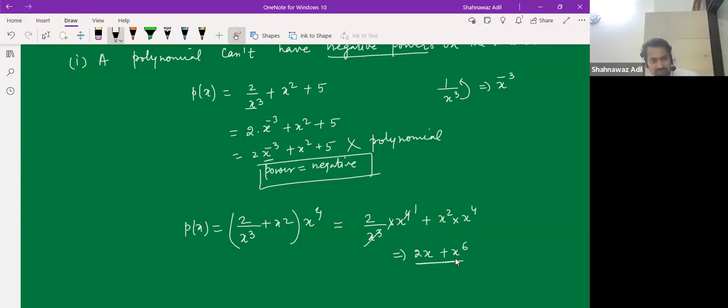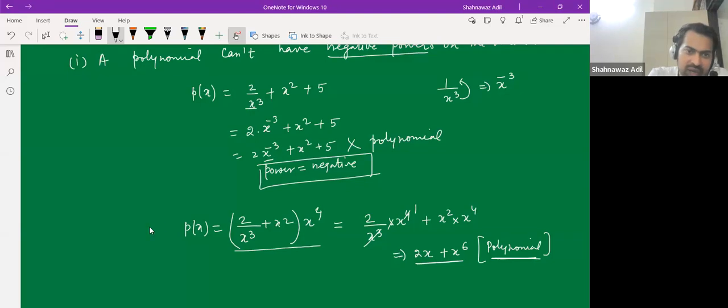No, sir. So this is a polynomial. When we were looking at this problem, this term looked like a negative power, but when we simplified it, then we got the polynomial. Understood?